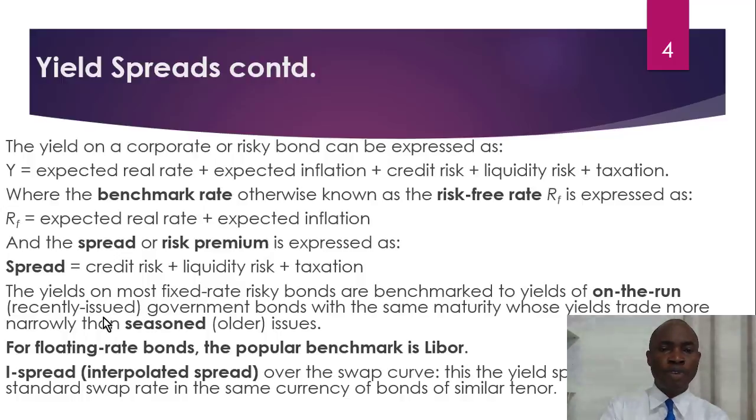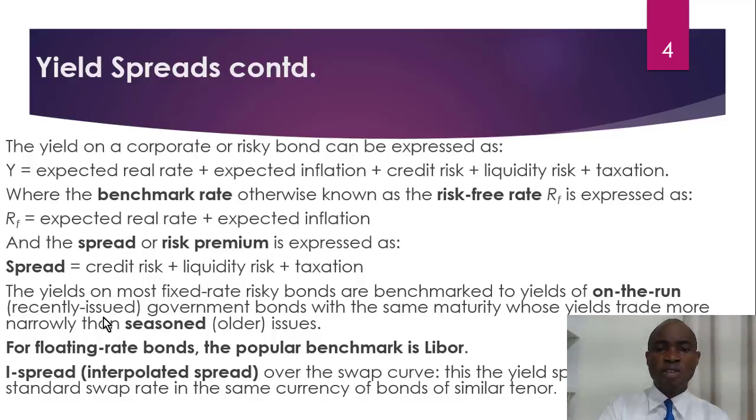The difference between these two bonds is basically the premiums. You have credit risk, liquidity risk, and taxation for a risky bond. But for a government bond, there's no credit risk because there's no default. We also expect that the government bond trades frequently, so there's no liquidity risk, and most of them are tax exempt, so there's no taxation premium.